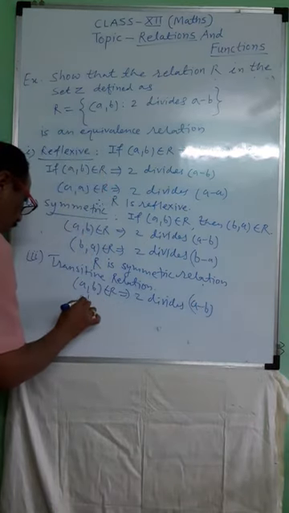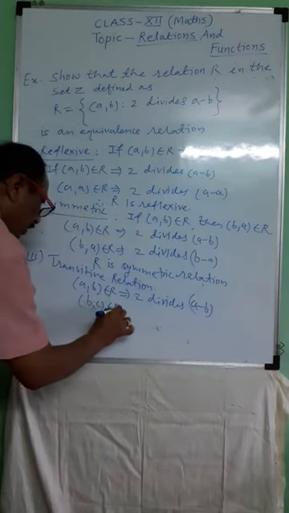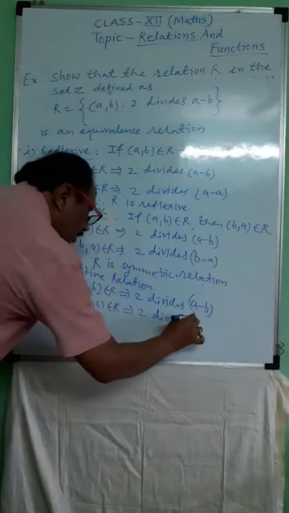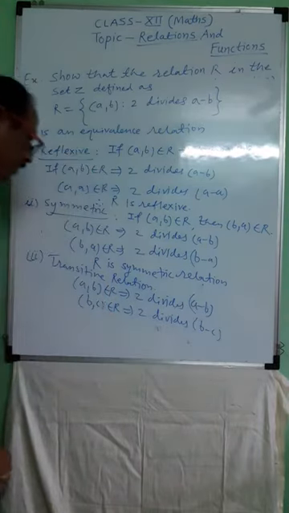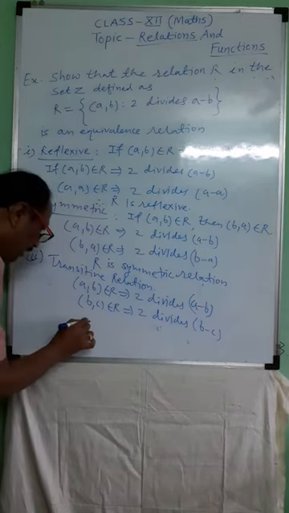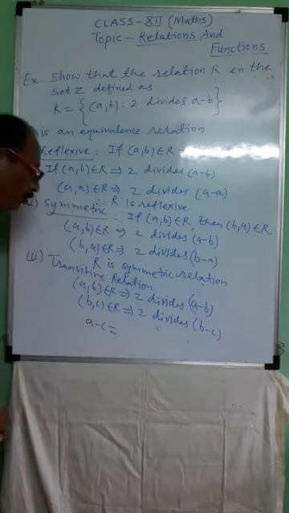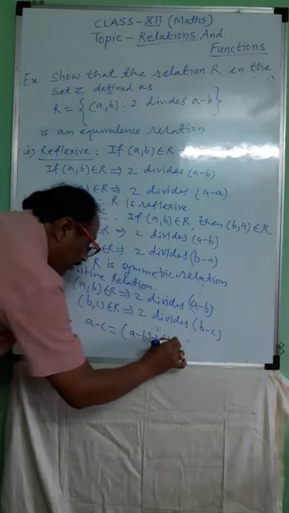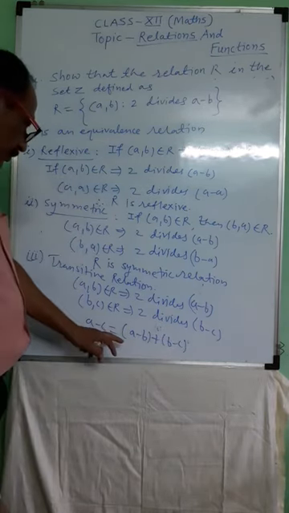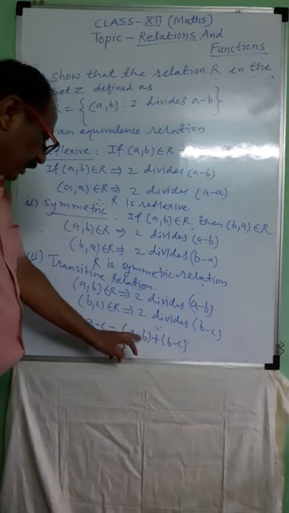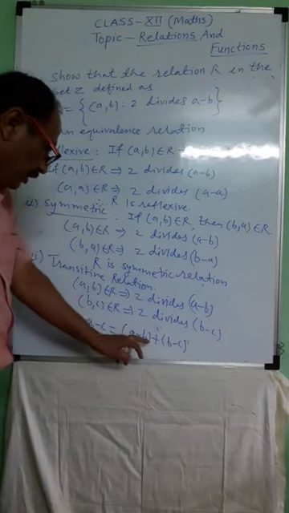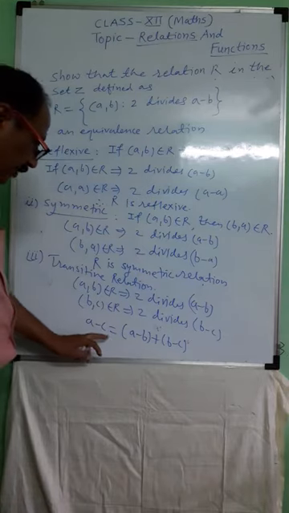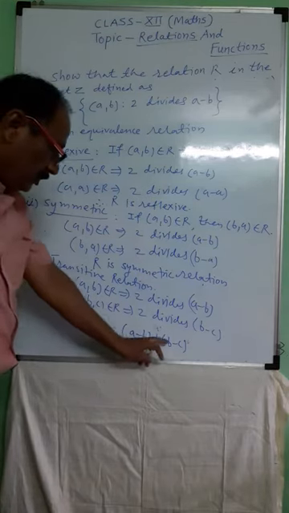Then (b, c) belongs to R means 2 divides b minus c. Then what is a minus c? a minus c is equal to, we write, (a minus b) plus (b minus c). Here minus b plus b will get cancelled, and a minus c will remain. So a minus c we can write as (a minus b) plus (b minus c).